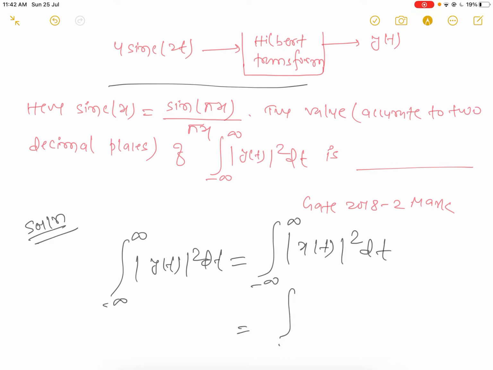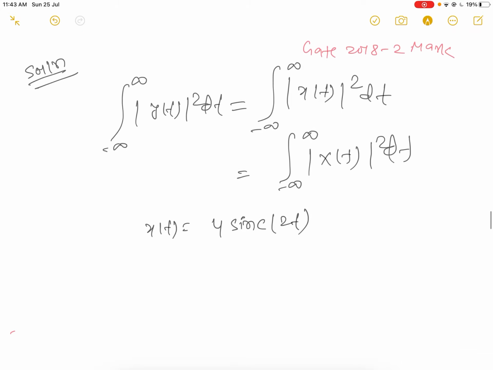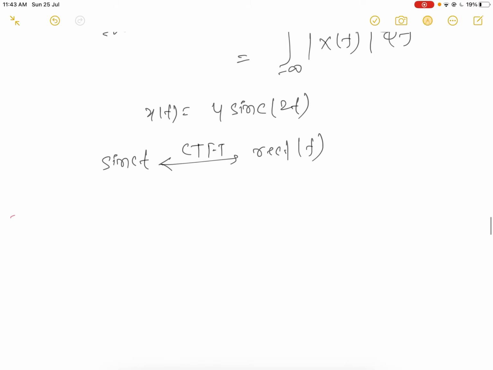So that equals the integral from minus infinity to infinity of |X(f)| squared df. Here x(t) is given as 4 sinc(2t), and the continuous time Fourier transform of a sinc is a rectangular function.